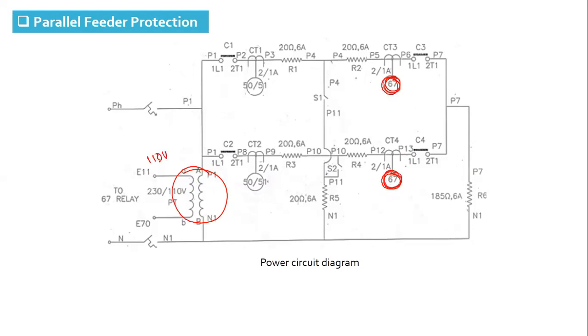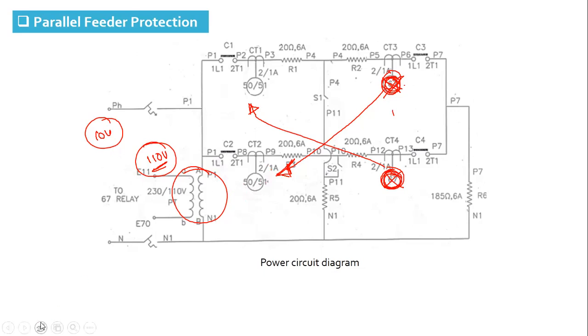Standard voltage is 110 volt, but we will gradually reduce the voltage applied to the relay coil intentionally, and we will check at what minimum voltage the relay fails to trip. Okay, and when the directional relay fails to trip, the backup protection can also be studied at the same time. Let's say if I give only 10 volt to this directional relay intentionally, then suppose this relay is not tripped, in that case the backup relay will provide the tripping. So that will be the backup protection we can check.